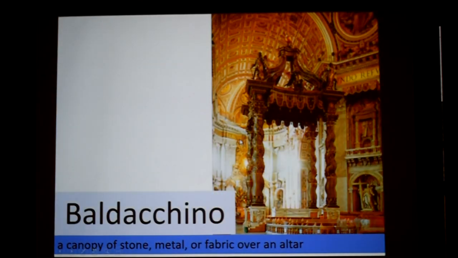Baldacchino, you probably haven't seen one of these, but it's like a canopy that goes over the altar. This is the one at St. Peter's Church in Rome. I think it's like 95 feet tall. It's really tall. But it's just a canopy that can be built out of any kind of building material that goes over the altar just to signify the significance of the altar. There is a really old, junky one at the old cathedral, St. Mary's in Lincoln, which is the church right across the street from the Capitol.